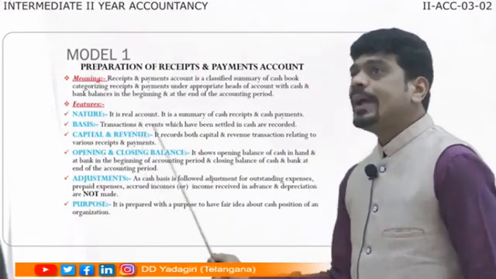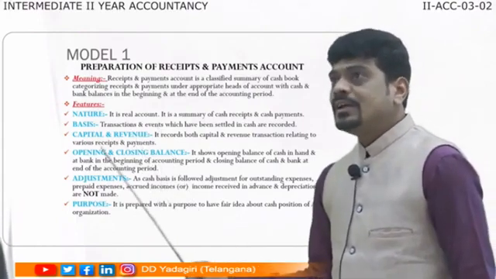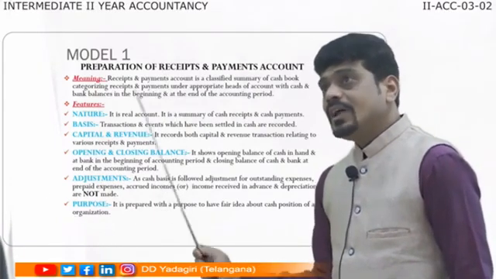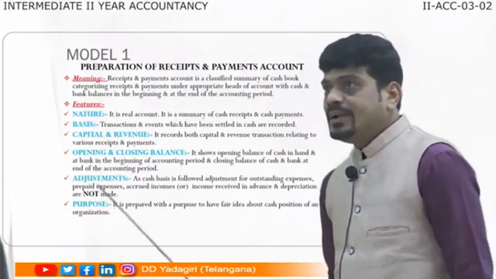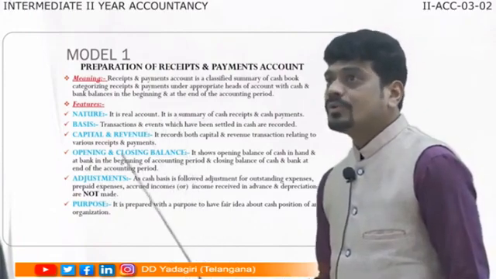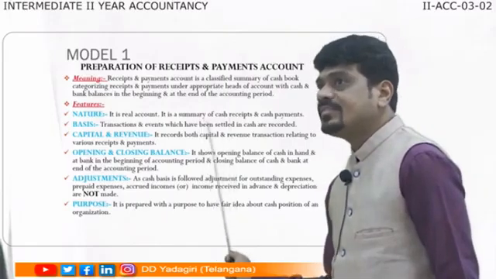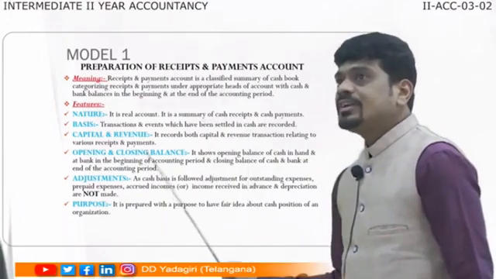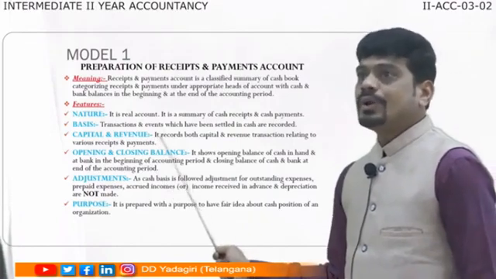And here, while preparing the receipts and payments account, both the capital as well as revenue, in the sense capital receipt, revenue receipt, capital expenditure, revenue expenditure, all are recorded in the receipts and payments account. Once again, all the cash receipts are recorded on debit side, all the cash payments on credit side. In that context, we are going to record all the transactions irrespective of the nature.